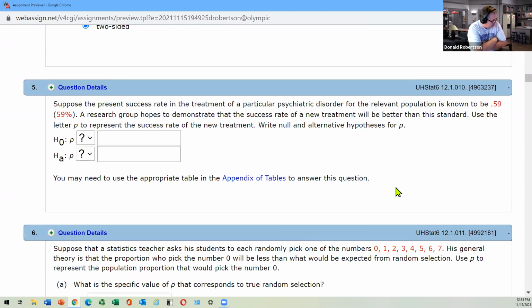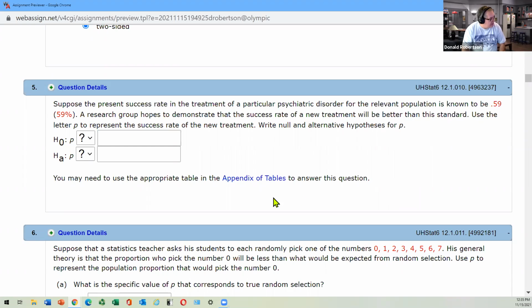Suppose that the present rate of success in a treatment of a particular psychiatric disorder for the relevant population is known to be 0.59. So they've got a success rate in this of 59%. A research group hopes to demonstrate that the success rate of a new treatment is better than that.